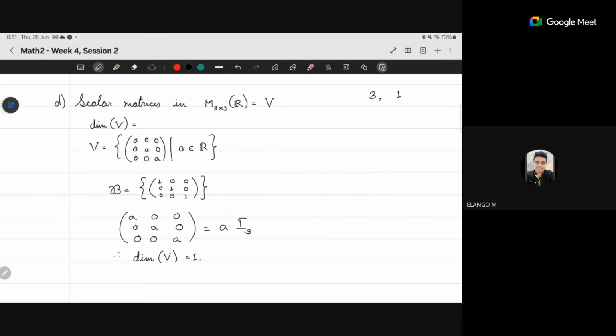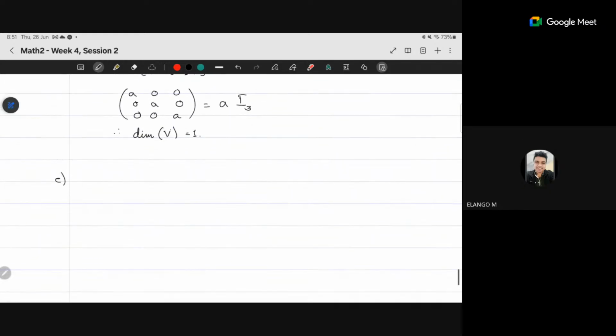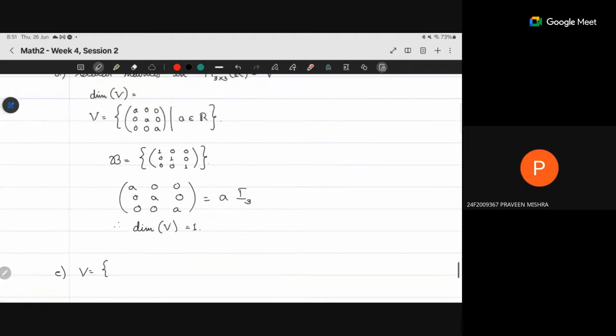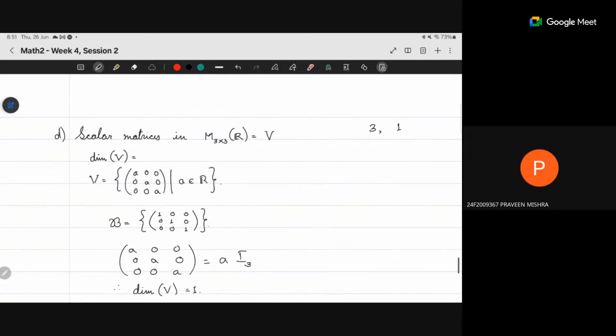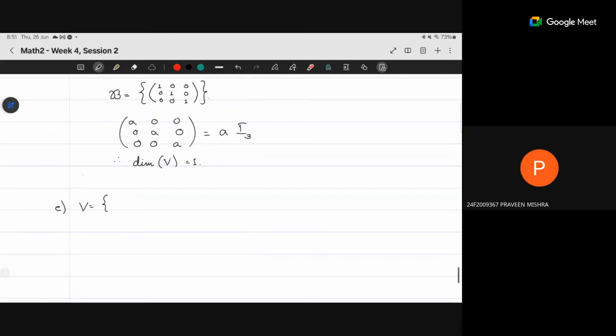I will not write each of them. Sir, how scalar matrices have a dimension n cross n, sir? Scalar matrices will always have dimension 1. Diagonal matrices will have dimension n. But it should be square now.